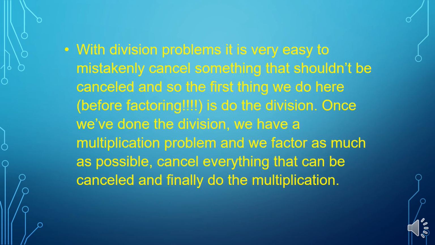With division problems, it is very easy to mistakenly cancel something that shouldn't be cancelled, and so the first thing we do before factoring is do the division. Once we've done the division, we have a multiplication problem and we factor as much as possible, cancel everything that can be cancelled, and finally do the multiplication.